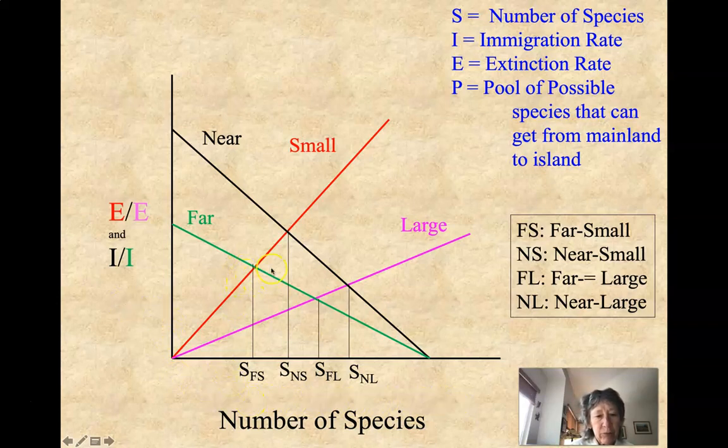This represents the equilibrium number of species for a distant or far small island. This represents the equilibrium number of species for an island that is near to the mainland and large. And notice that the near large island has a higher equilibrium number of species than the far small island, which is just what we would expect logically.